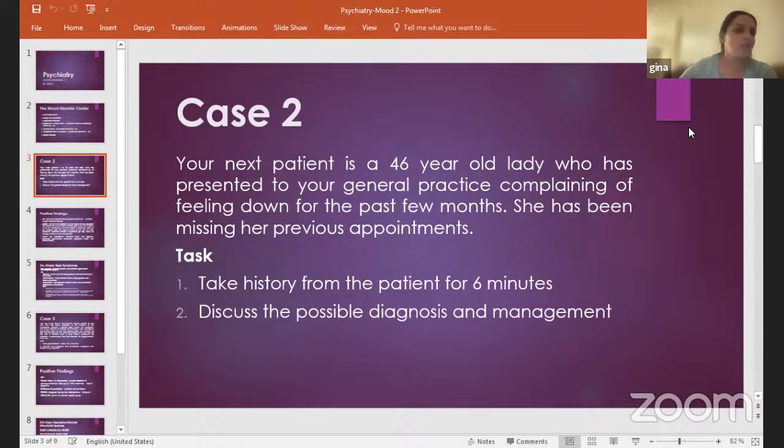But you denied all other symptoms related to that. But we need to do some investigation just to rule out these things. So we'll do thyroid function tests, full blood examination, urea and electrolytes, and we also will do inflammatory markers.